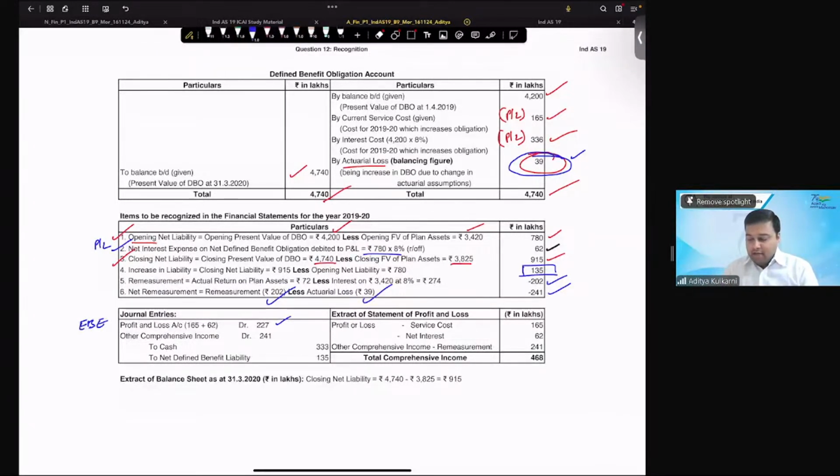The other side, you have actuarial loss. So it is hitting your other comprehensive income. Actuarial loss debit 241. Credit what? Cash. This is the contribution which you are making, 333. And credit the net defined benefit liability. This is your increase in the net defined benefit liability.